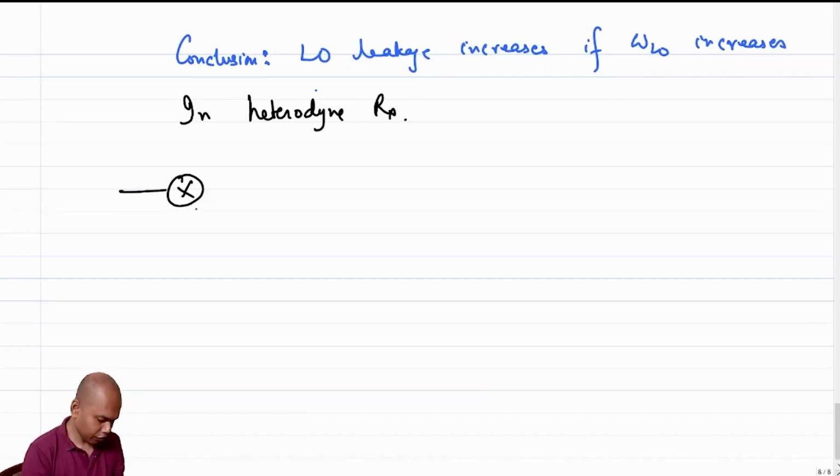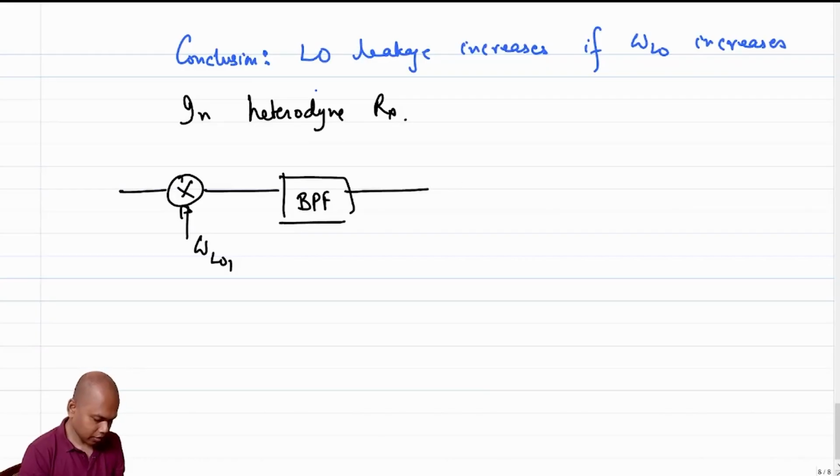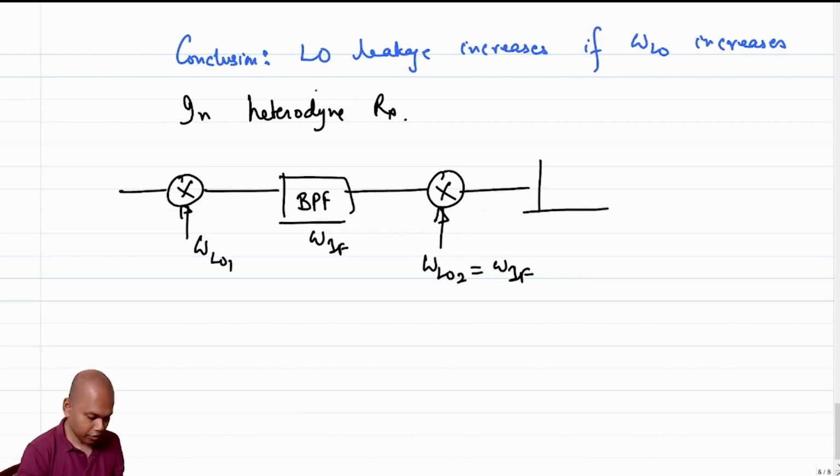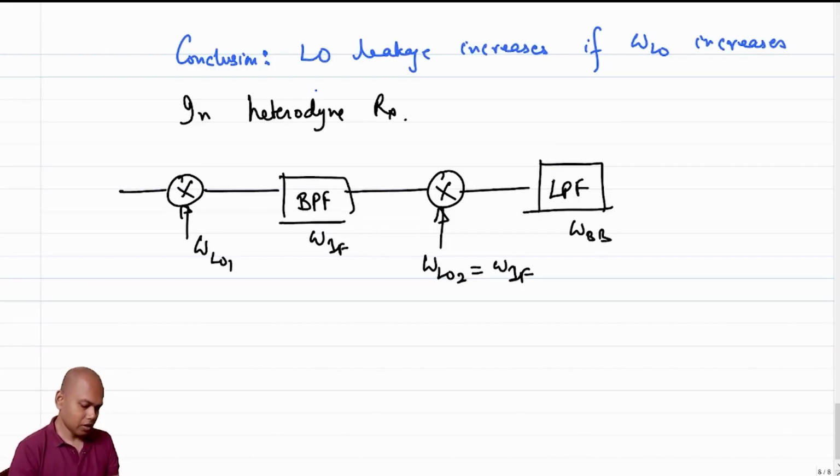So let's say I have a SAW, first mixer at omega LO1, then you have a band pass filter, then this is around omega IF, then you have a second mixer with omega LO2 which is around omega IF, and then you are going to have a low pass filter where omega BB is the pass band, not the center frequency.